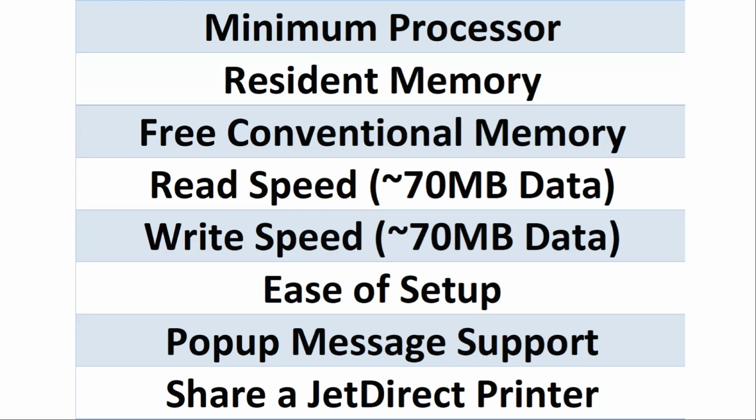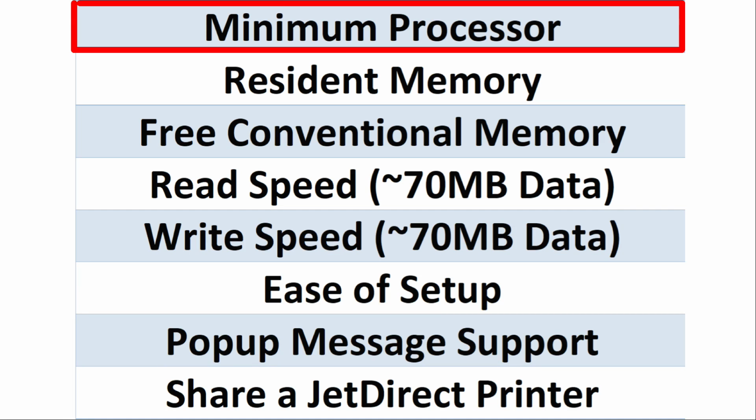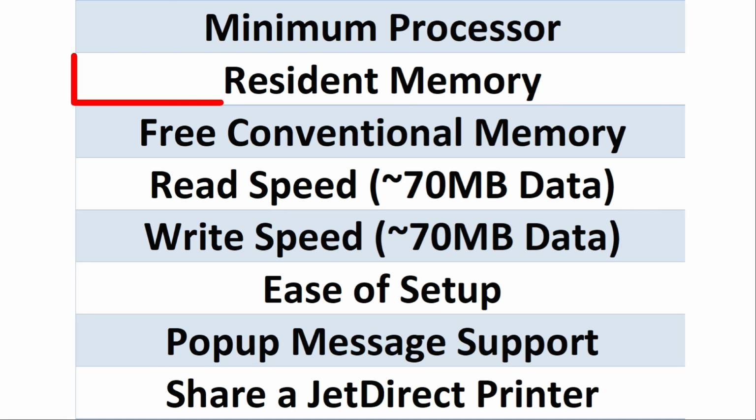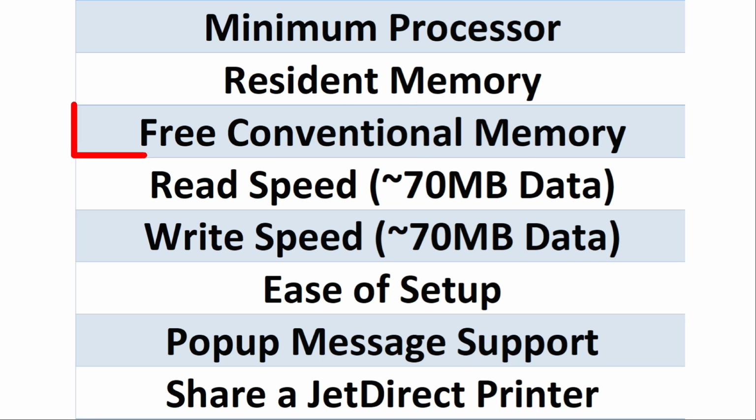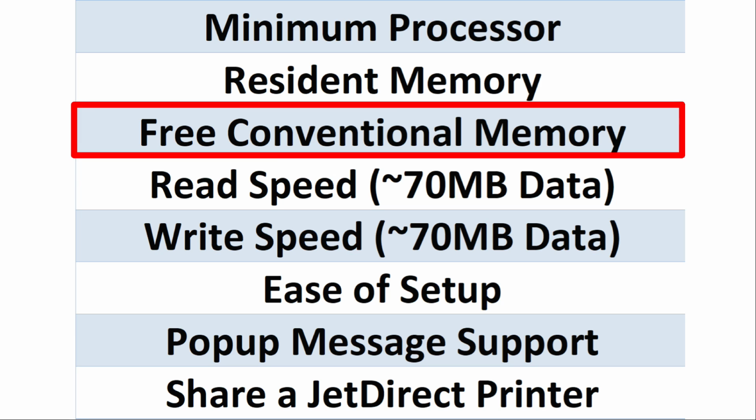We're going to look at a variety of categories for each of the clients, including the minimum processor required, the amount of resident memory required, and this varies. To keep things as compact as possible, we won't be enabling any sort of file or print sharing from our clients. Also, we'll look at free conventional memory on my system.